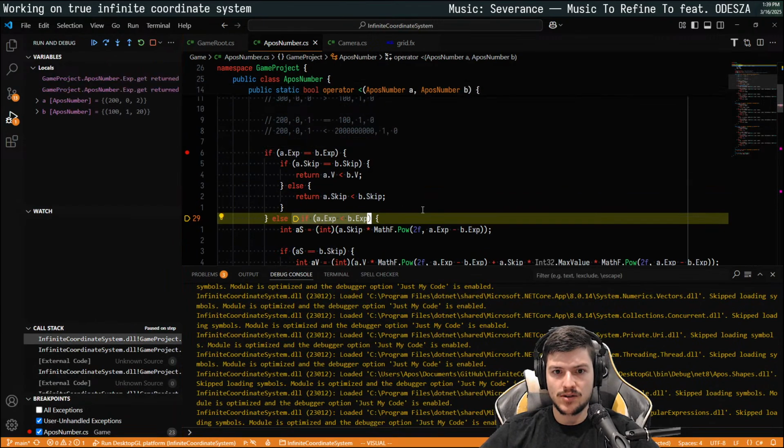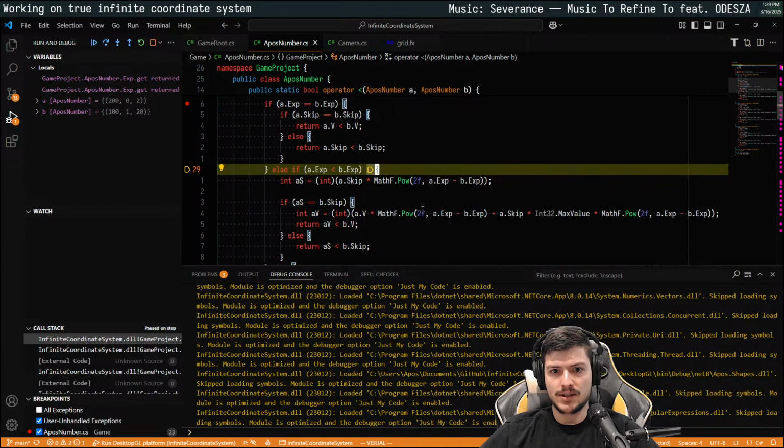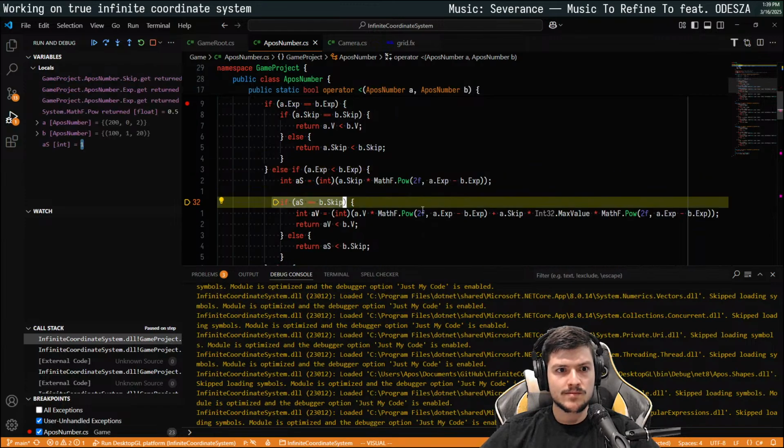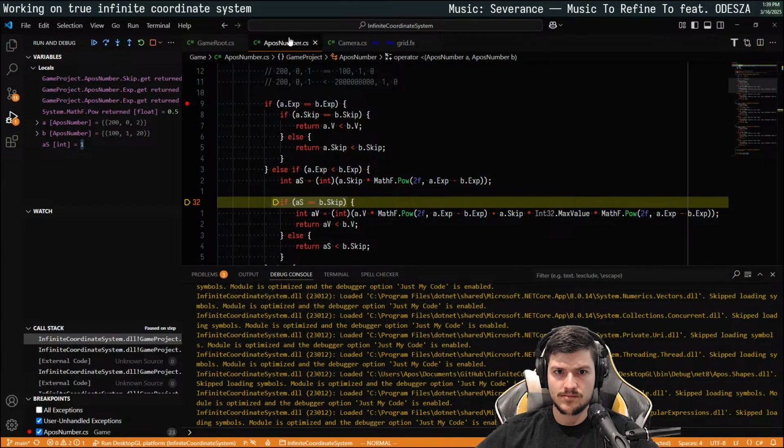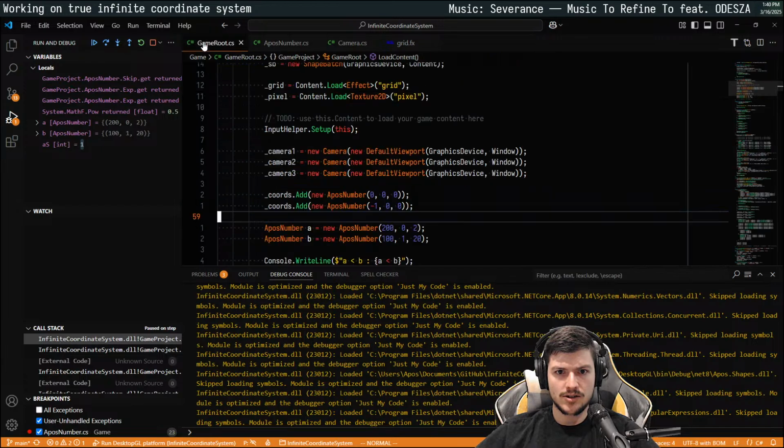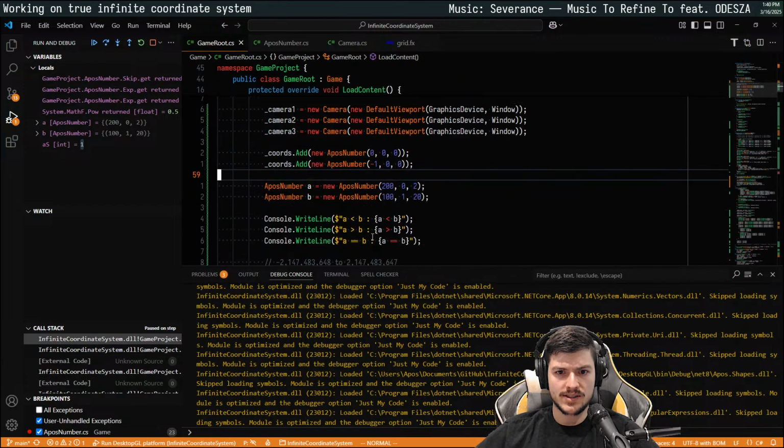They are not equal. A is smaller. The skip of A is 1. Then B skip. A is smaller than B. Oh, wait, was that what it was saying?